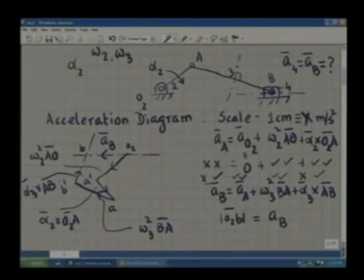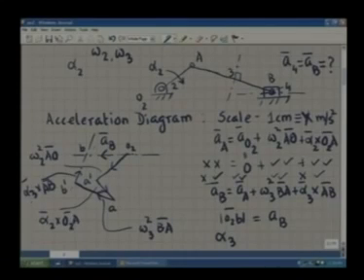We can also determine the other unknown, say the angular acceleration of link 3, alpha 3, because using this vector B prime B, which is alpha 3 cross AB, and capital AB, the magnitude is known. So after finding B prime B, I can find the only unknown, that is alpha 3.